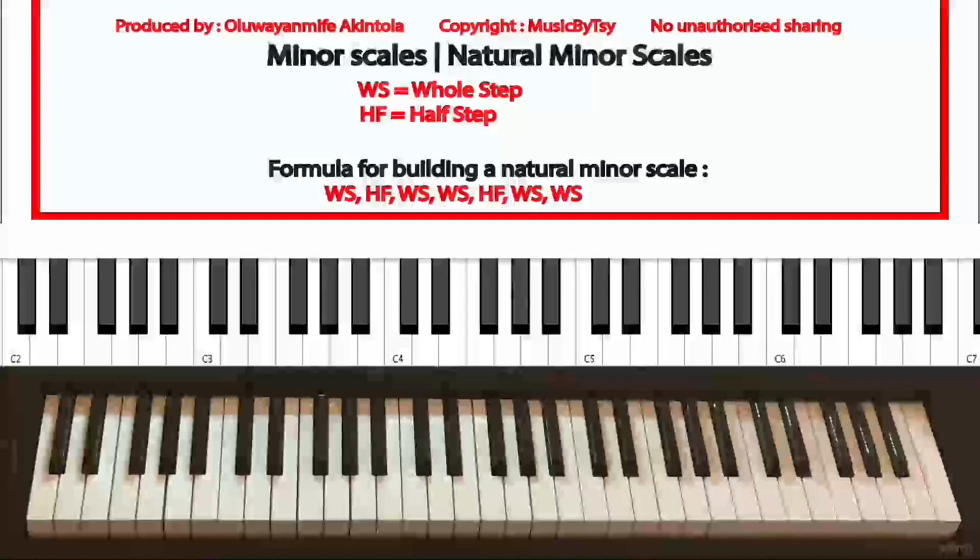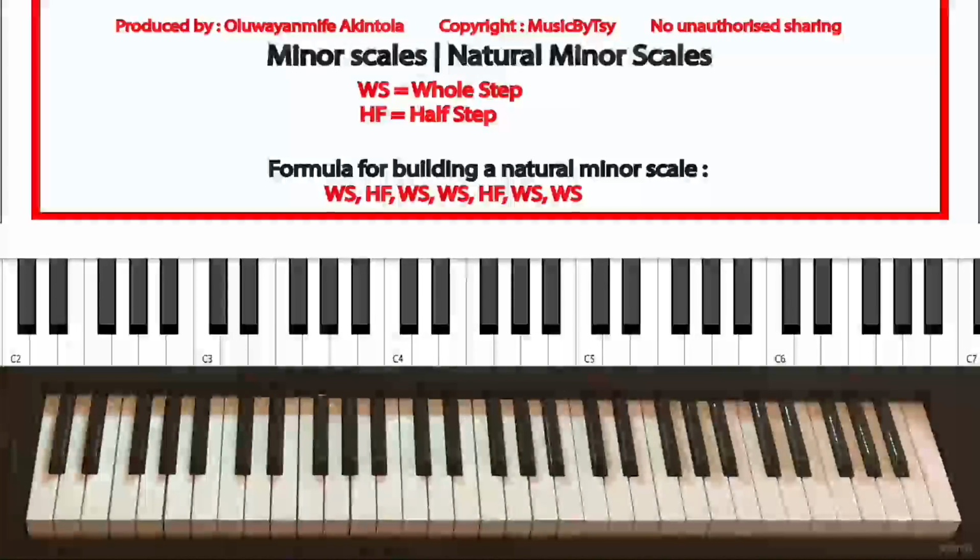Now the question is, how do you build a natural minor scale? Well, there are 2 methods that I'm going to teach you in this lesson that you can use to build a natural minor scale for any key.